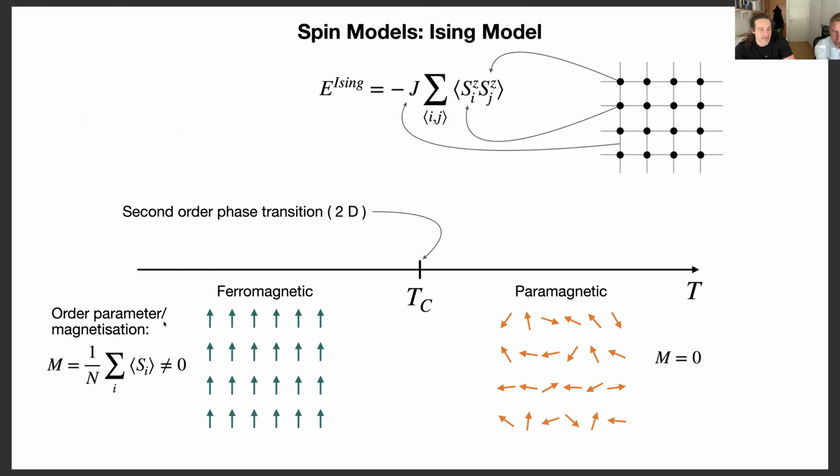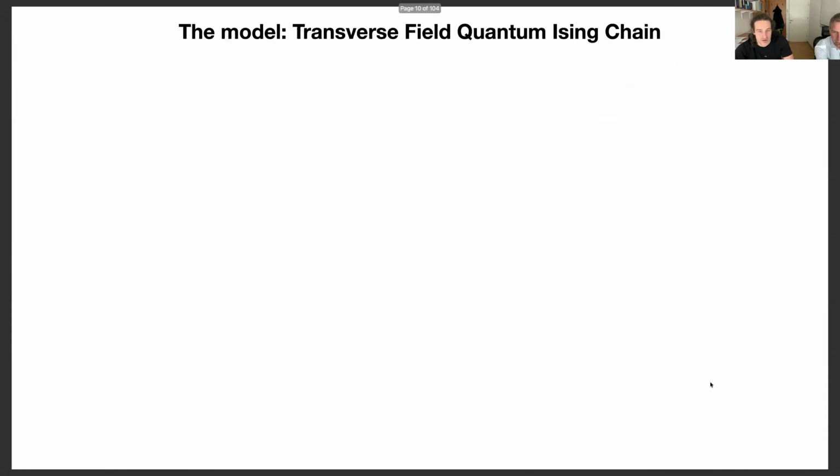The model has an order parameter, the spontaneous magnetization, and there is a certain temperature where in 2D you have a second order phase transition from ferromagnetic to paramagnetic, where the expectation value of the magnetization is expected to be zero.